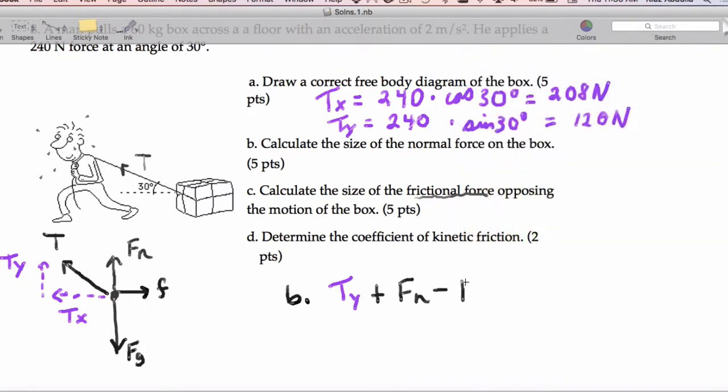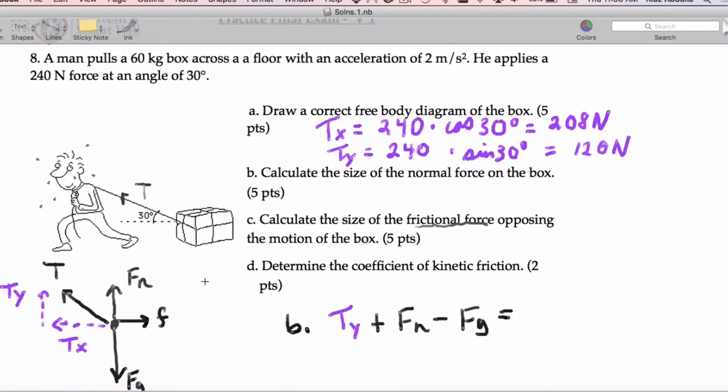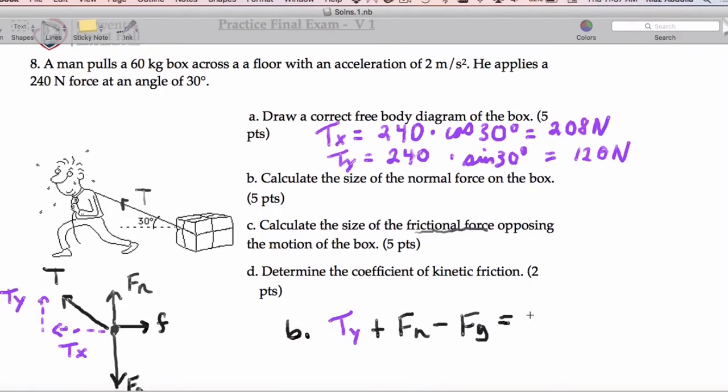And Fg, the weight, points down. So when we balance those out, and we know they're balanced vertically because we don't fly into the air, nor do we crash into the ground with any increasing speed, this balances. And in fact, I'm going to make a note for when you're studying these notes later: vertically we have balance.